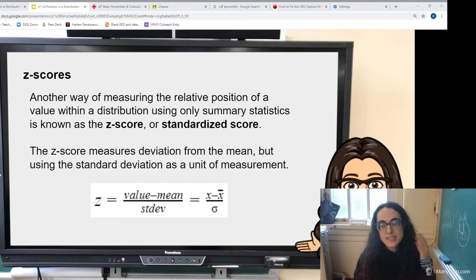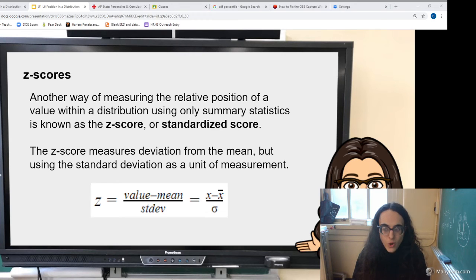So Z-scores are a really nice way of showing relative position when we don't have all of the data at our disposal. Like, what if I'm just going online and I look up what is the mean height for adults in the United States, or what is the mean income?